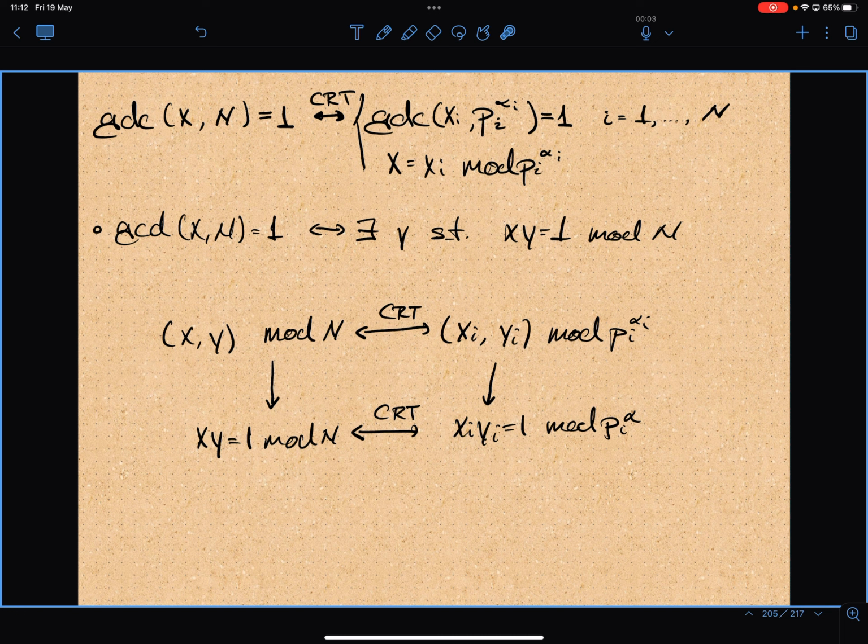And then if we look at the multiplicative structure here, by the fact that the GCD is equal to 1, there's going to be this product xy equal to 1 mod n. And then if we look now at this identity, since the Chinese remainder theorem respects the multiplicative structure, it's going to mean that xi times yi is going to be equal to 1 mod p_i^alpha_i.